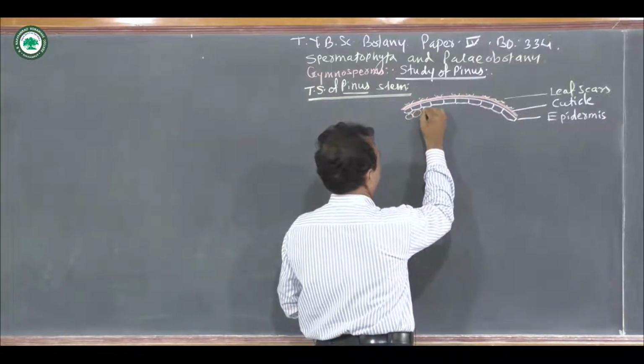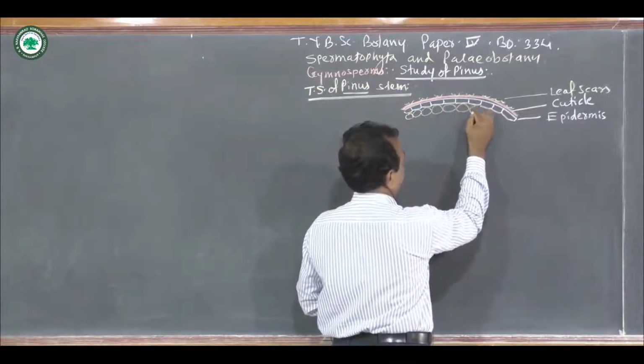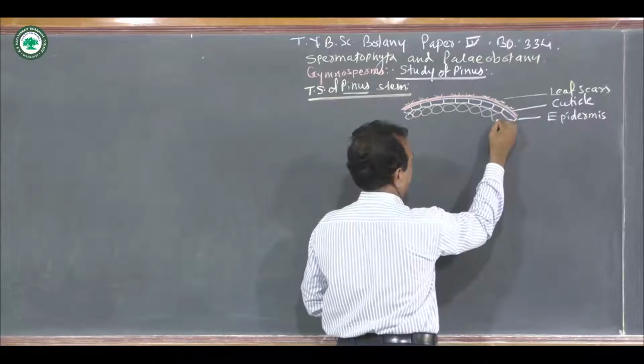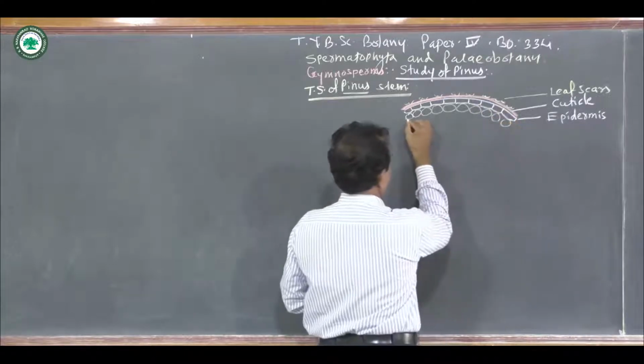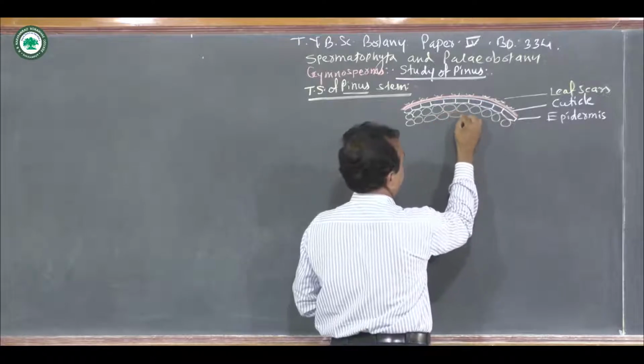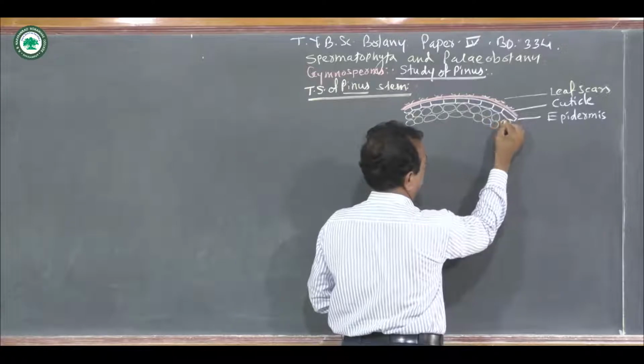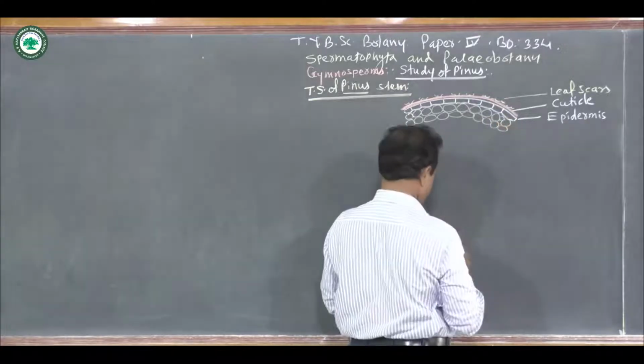Then this epidermis is followed by the cortex, and this cortex is multicellular. If we see the cells of this cortex, these are circular in outline. These cells are loosely arranged, and so they show the presence of intercellular gaps or intercellular spaces.